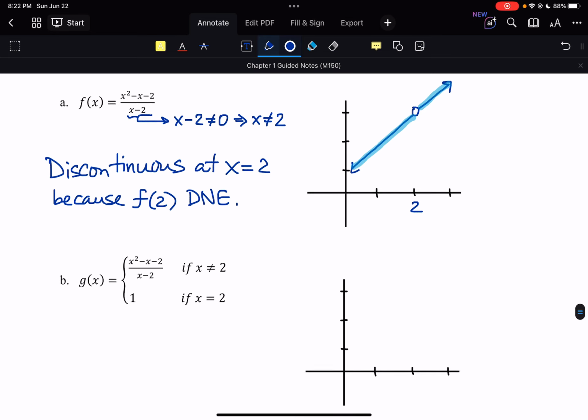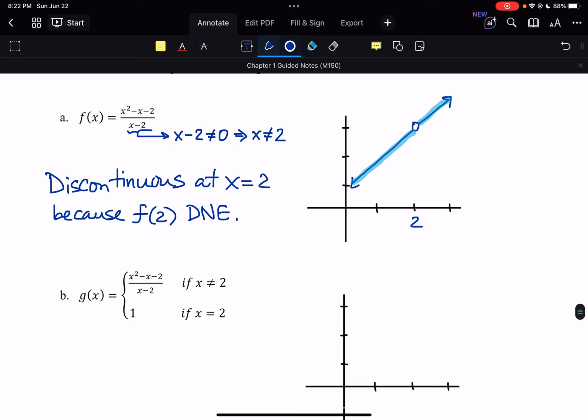What we're trying to do here is we're saying, I know that this original function doesn't exist when x is 2. So what if we just take that function for everything except x equals 2, and then we basically try to plug the hole? I say when x is 2, I'm going to make the value 1. And we're going to see if that works.